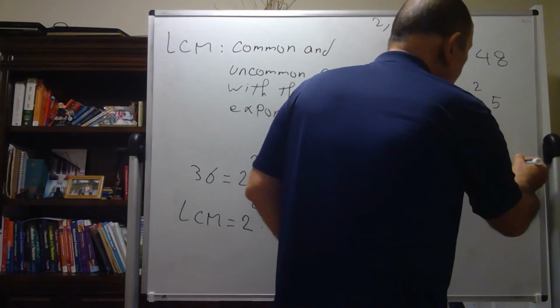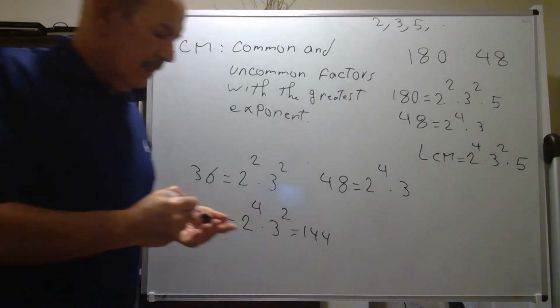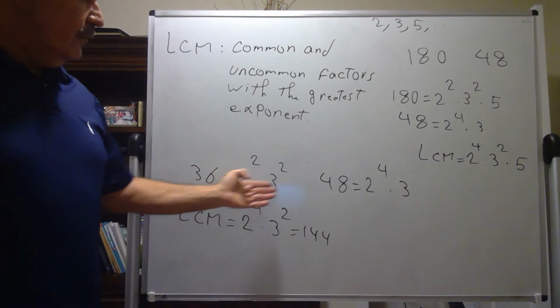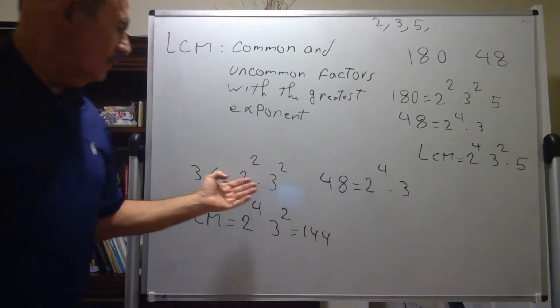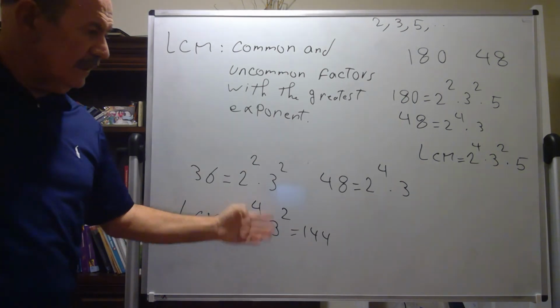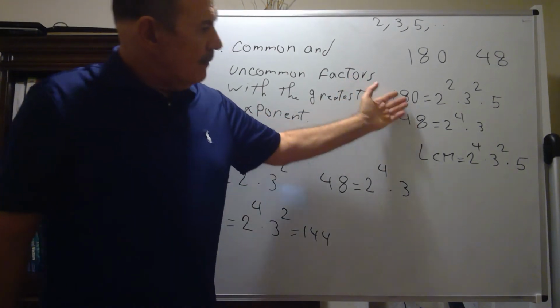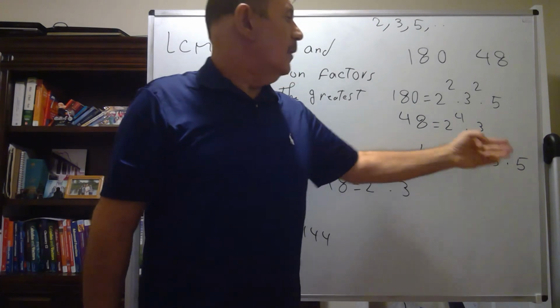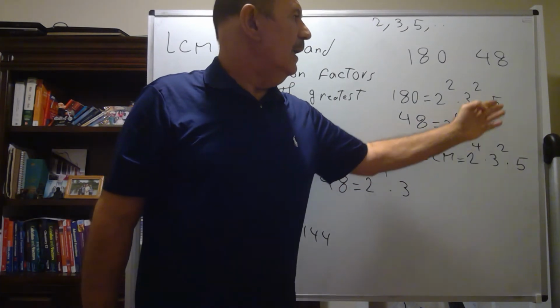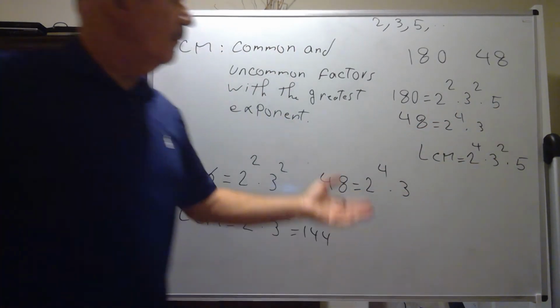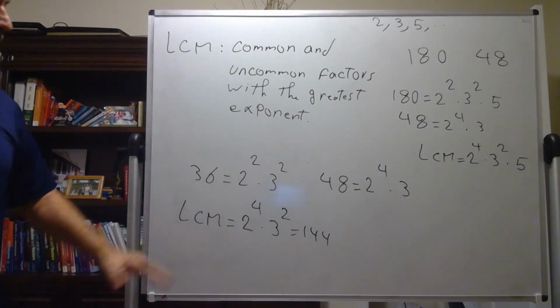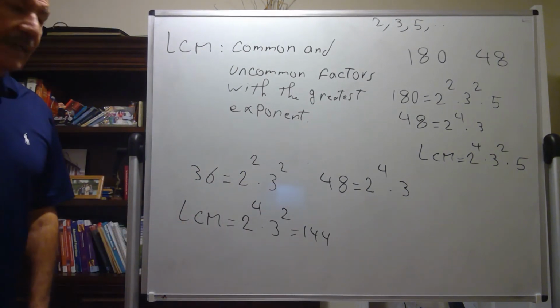Common and uncommon factors. For this one, we didn't have uncommon, so we selected only common factors with the greater exponent. In this example, 5 was uncommon, so we select 2, 3, and 5. Common and uncommon factors with the greatest exponent, we call them LCM.